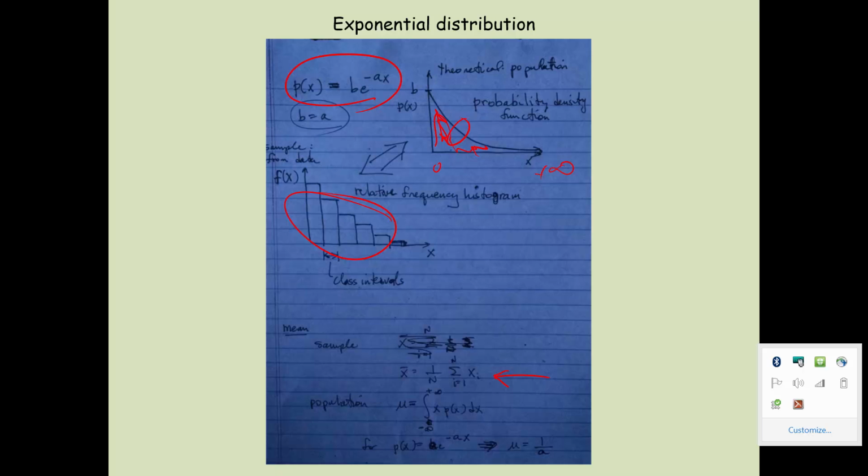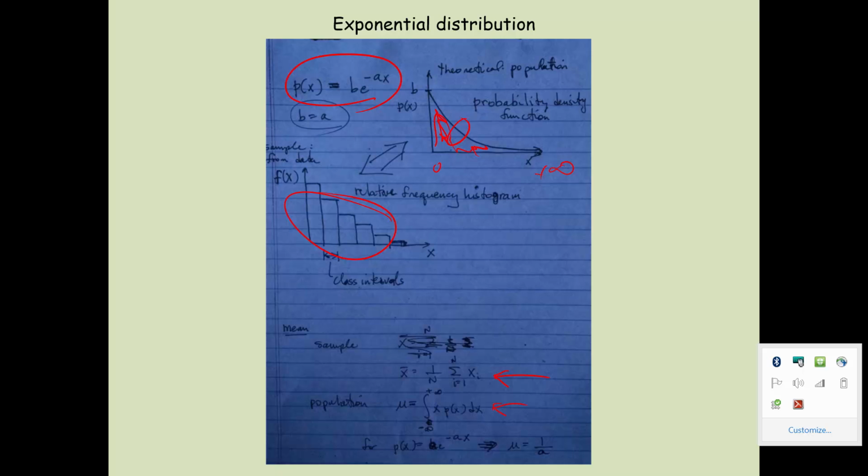For the exponential distribution, the sample mean is just the same expression as we have for all probability distribution functions. Regardless, you take the sample, you don't know ahead of time what distribution function is going to fit, but the mean would just be equal to 1 over n, the summation of all the values of x, divided by capital N. And of course the population mean value, mu, is just the integral from minus infinity to plus infinity of x p of x dx.